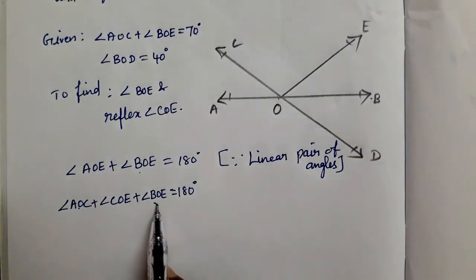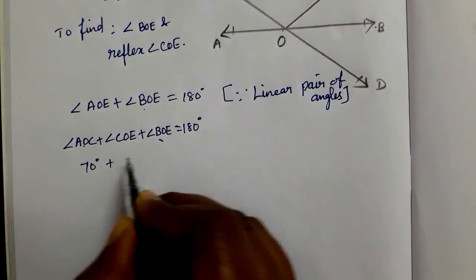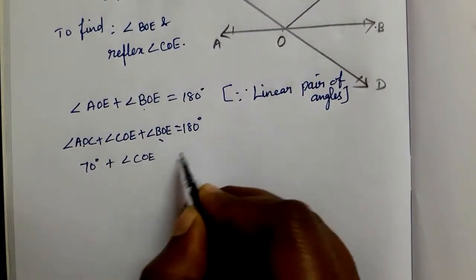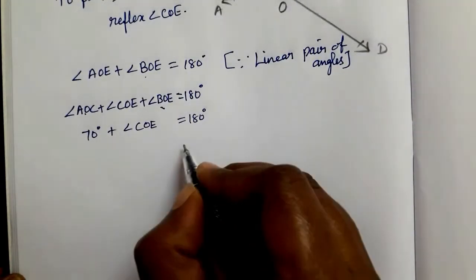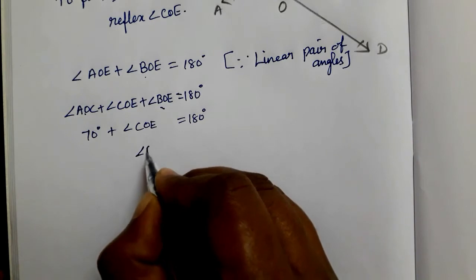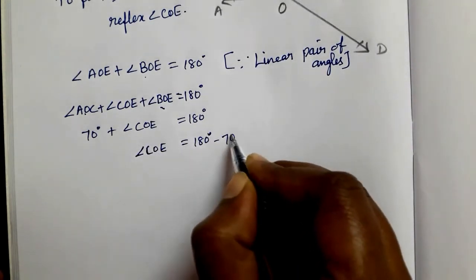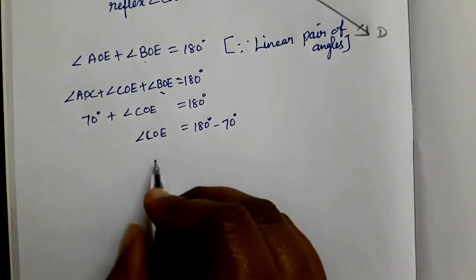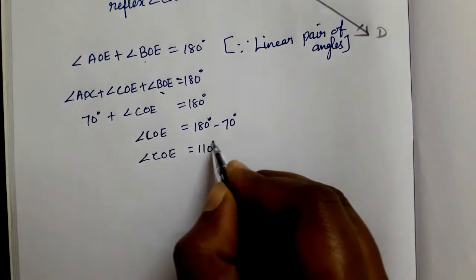So 70 degree plus angle COE equal to 180 degree. Now this plus 70 becomes that side, minus 70. So angle COE equal to 180 degree minus 70 degree. We will get angle COE equal to 110 degree.